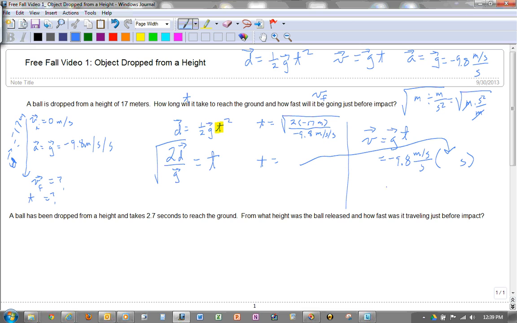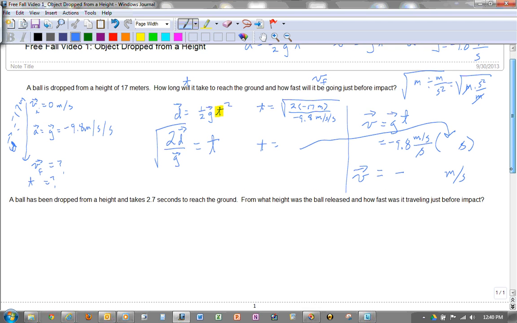And so I get a negative answer, and you'll notice this time that the seconds cancel, and I'm left with meters per second, which is a good thing since I'm finding that impact velocity, or the velocity just before it hits the ground. And again, you just multiply whatever your answer is here in the first step, and that will give you your value. And again, you want to round off to 2 significant figures. And that in general is how you do those problems.